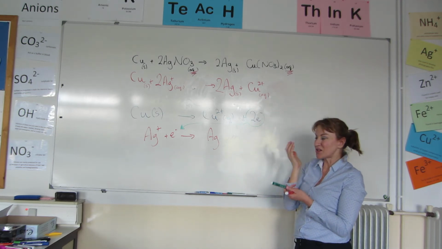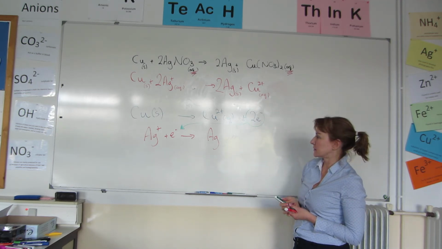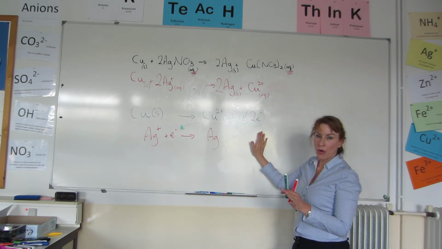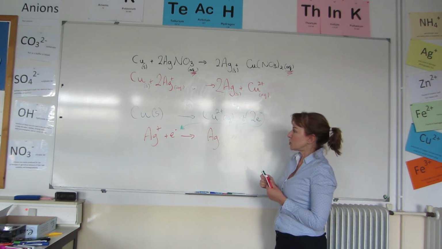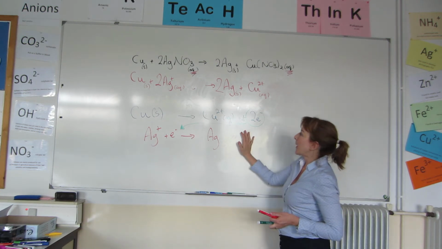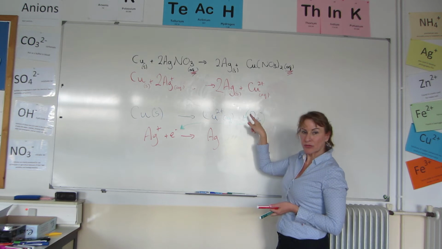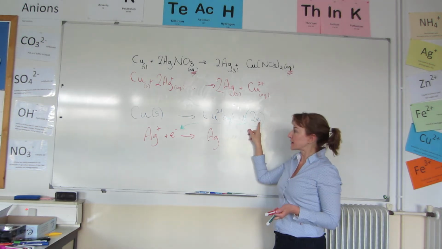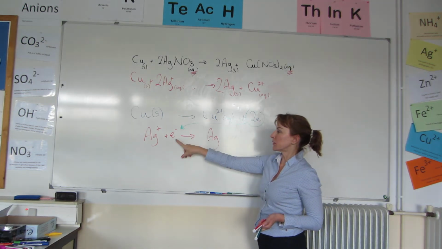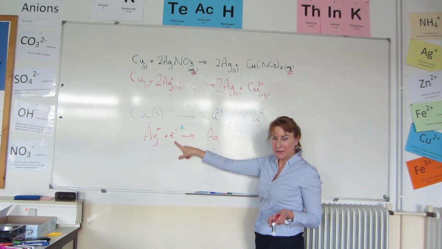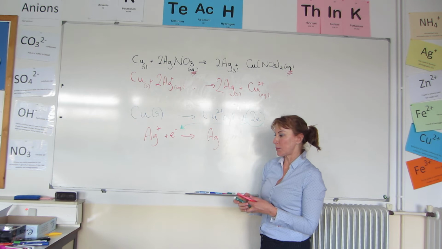Okay, but you can see it's not quite balanced yet. So, how do we get the overall ionic equation back? Well, we have to make sure that the number of electrons lost by one reactant is equal to the number of electrons gained by the other reactant. So how is that going to be possible?